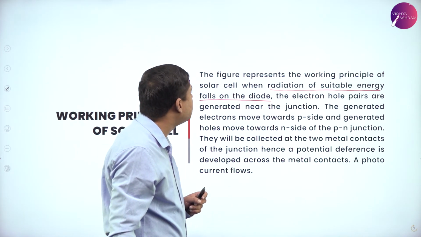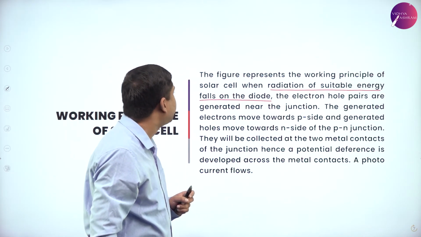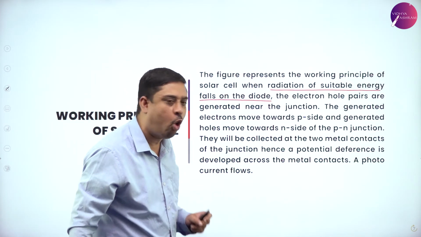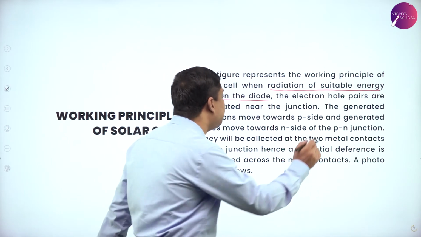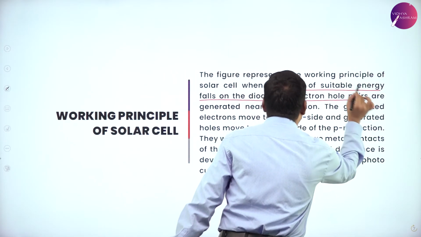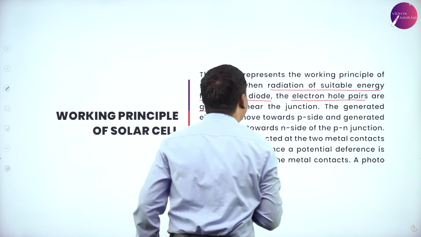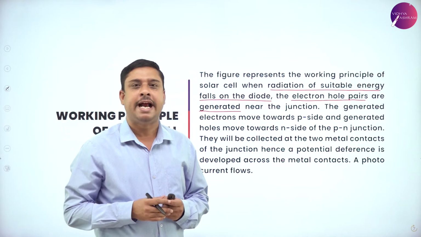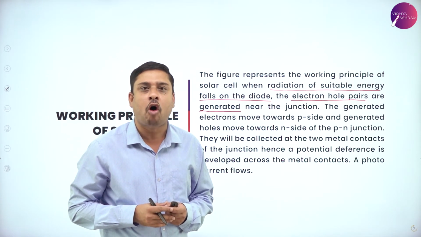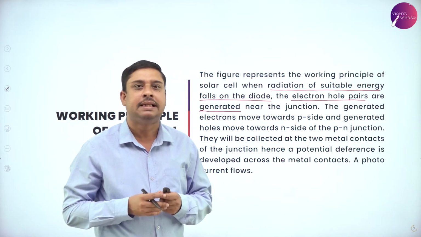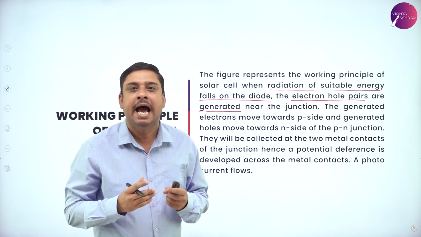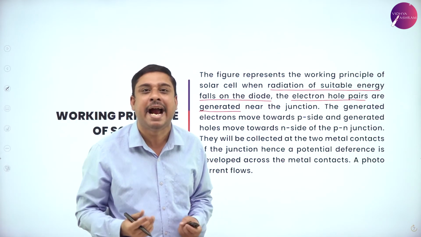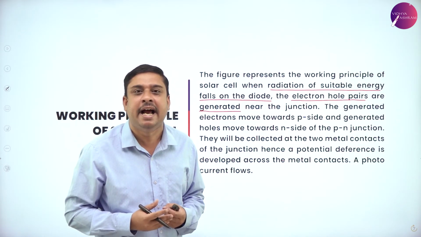When radiation of suitable energy falls on the diode, again electron hole pairs are generated. So when radiation falls on the diode, electron hole pairs are created.